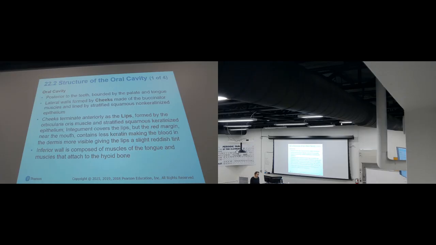So what are the borders of the oral cavity? Superiorly, anteriorly, will be the hard palate made by the palatine processes of the maxilla and the maxillary processes of the palatine bone that makes the hard palate. And then the posterior part, that is the soft palate.